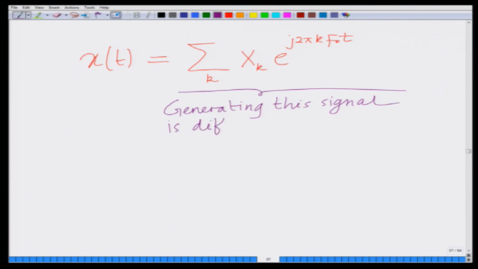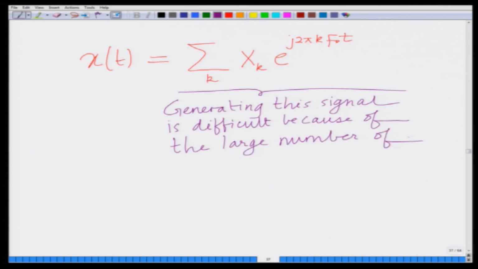For instance, we are talking about N, the number of subcarriers. The number of subcarriers can be as high as 1000, which means for each subcarrier, at each subcarrier frequency you need an oscillator, which means if you have 1000 subcarriers, you need 1000 oscillators.